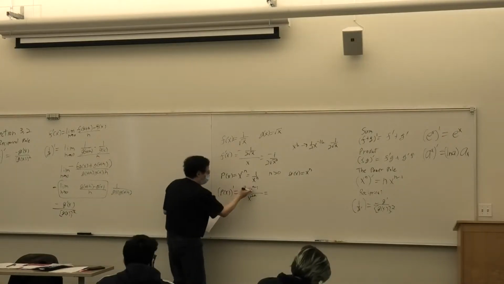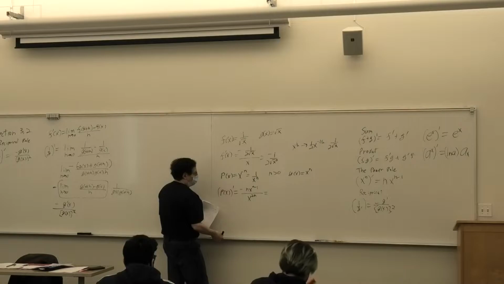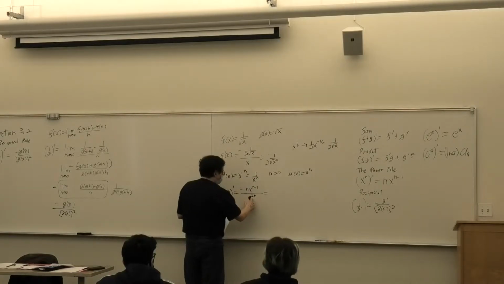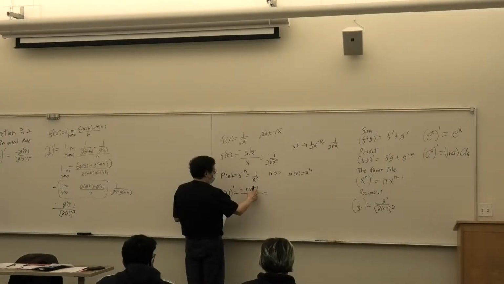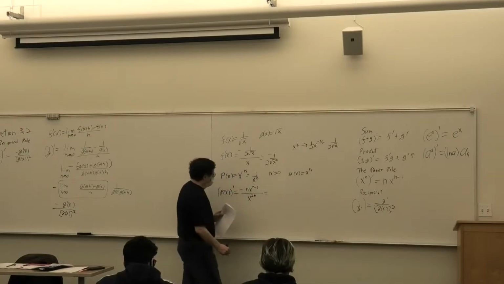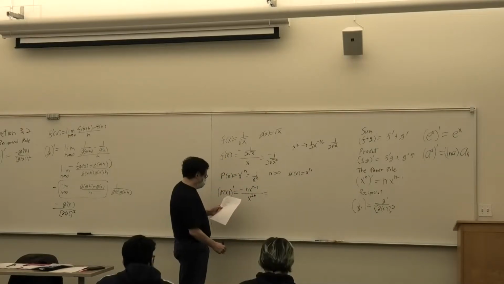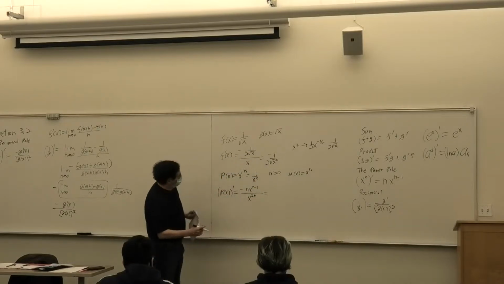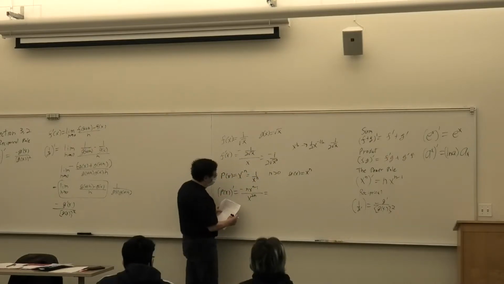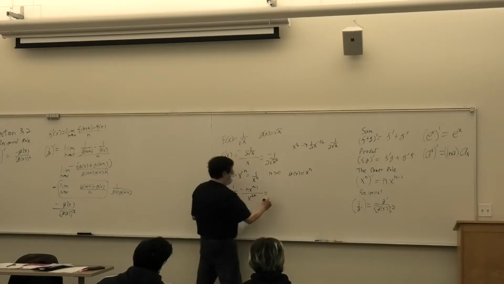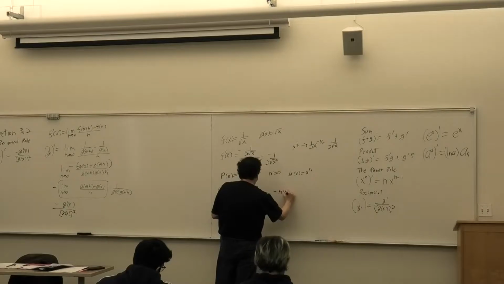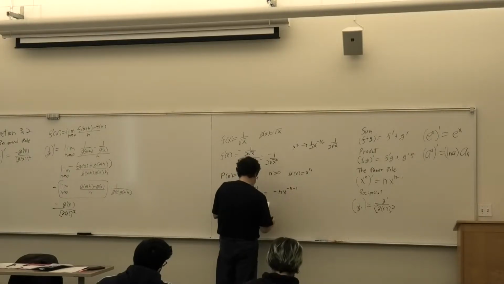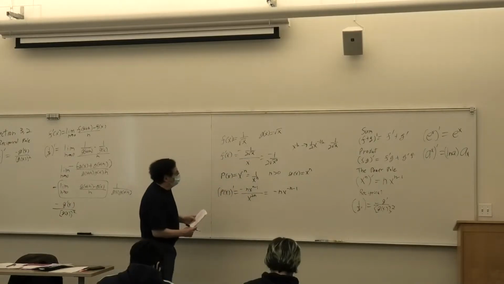All right, so now we just have to do some fiddling with the exponents here. 2n minus n minus 1 is what? It's just n minus 1. Is that what I want to do? No, I want to subtract 2n from n minus 1. So that's negative n x to the negative n minus 1.